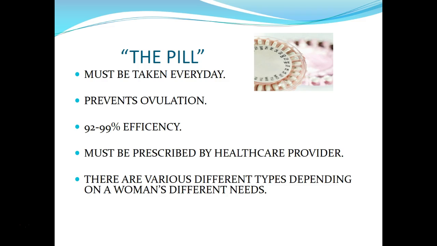It has to be prescribed by a healthcare provider, and there are many different types of the pill, and your physician or the nurse can help you determine what is probably the best type of pill for you to go with. I want you to look at page 1384 in Pearson, table 19.6, and review the side effects of oral contraceptives.